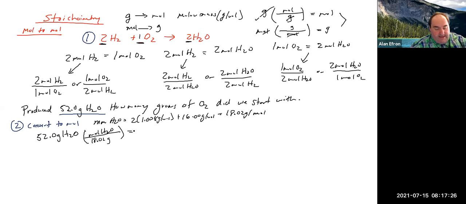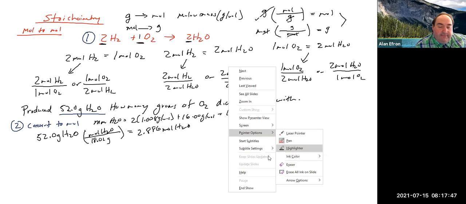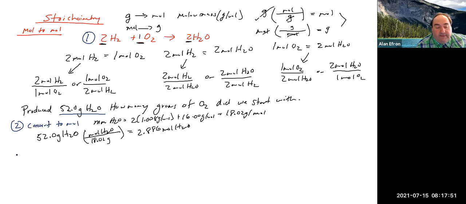And if we do that here, we end up with roughly 2.886, we'll call it, moles of water. So that is typically your first step or your second step after you have the balanced equation. At this point, we have pretty much just converted whatever they gave us into moles.